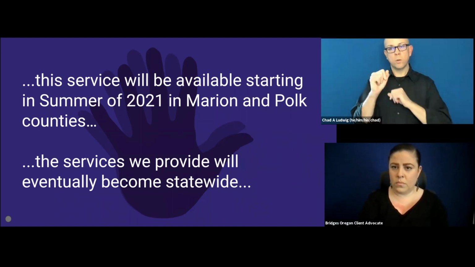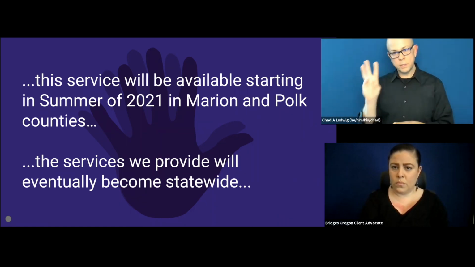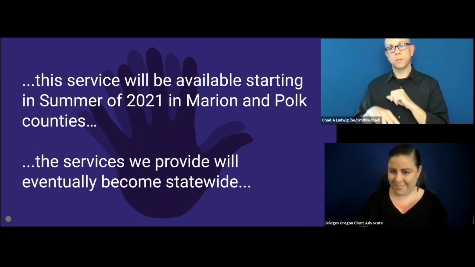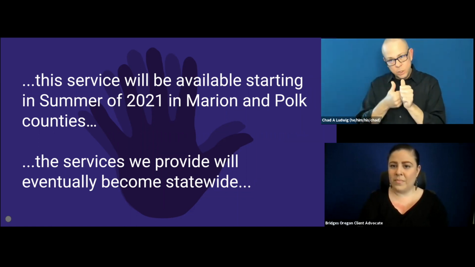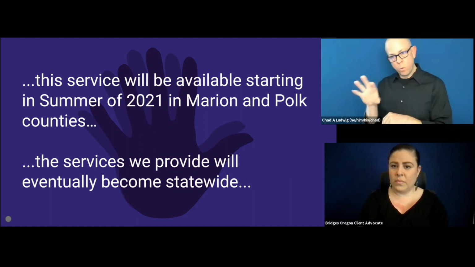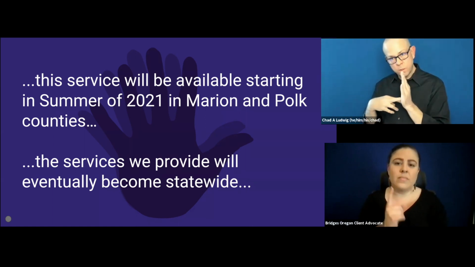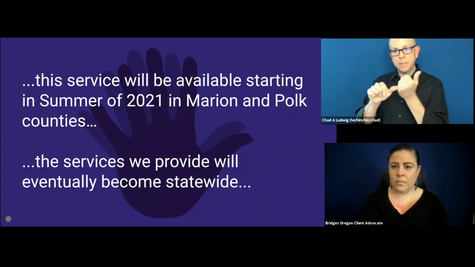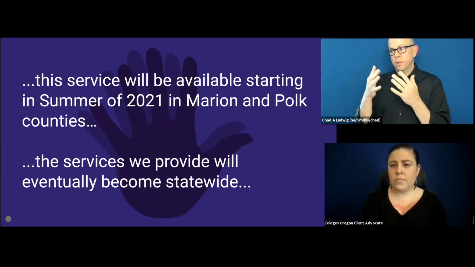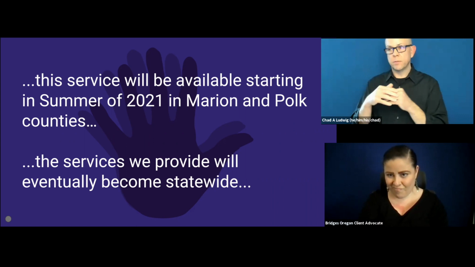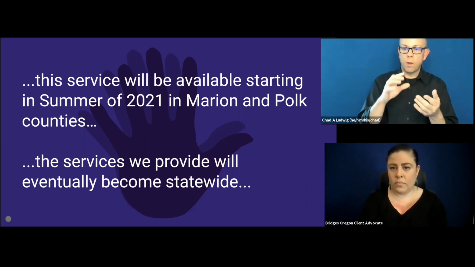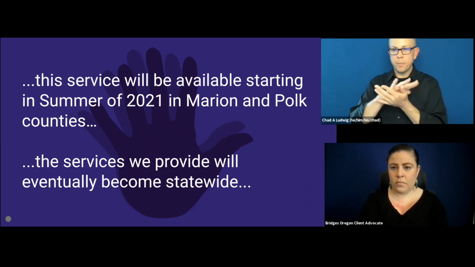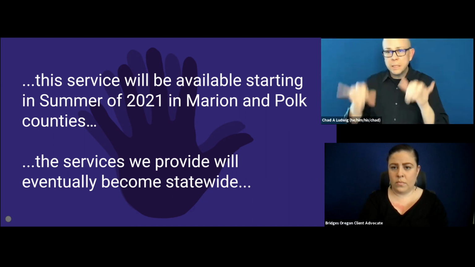Right. Marion and Polk counties are two of just 36 different counties in the system. So we have regional resources. For example, the Crime Victims Assistance Program. We also have other services that provide victims with a variety of different programs.